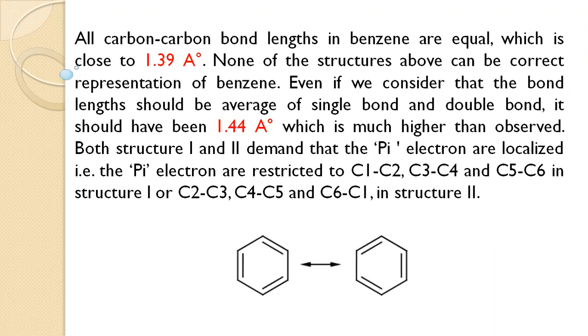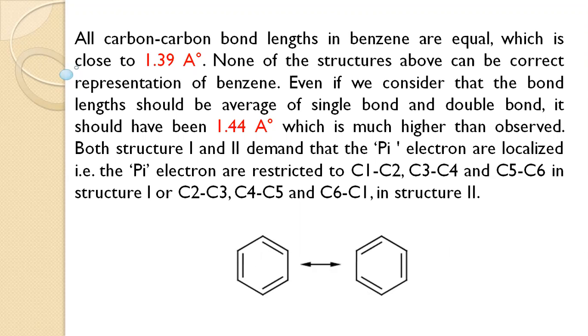So all the carbon-carbon bond lengths in benzene are equal, and close to 1.39 angstrom. So none of the structures above is a correct representation of benzene. Even if we consider that the bond length should be the average of the single bond and double bond, it should be 1.44 angstrom. That is a different value, and the correct value you get here is 1.39 angstrom.